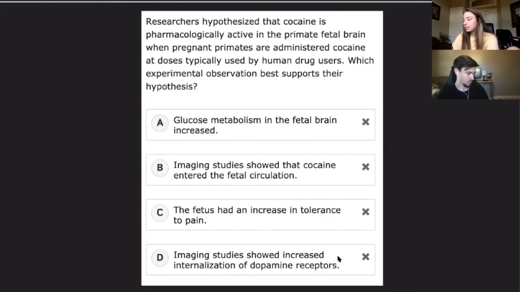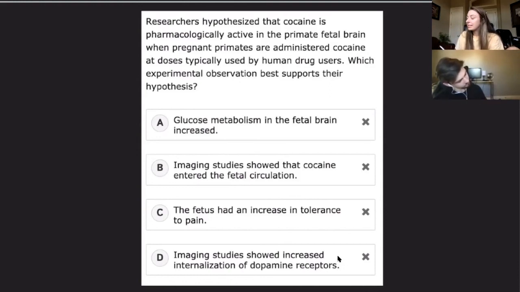D, imaging studies showed increased internalization of dopamine receptors. When I took this question literally like an hour ago, I didn't really understand what that meant. And I'm going to be honest, I'm still not 100% sure what it meant. I read the solution text and I still don't know.